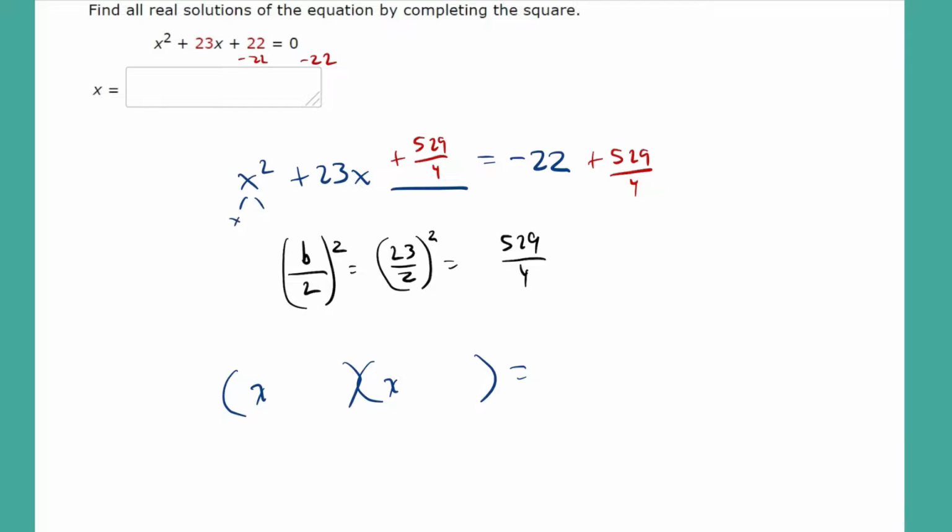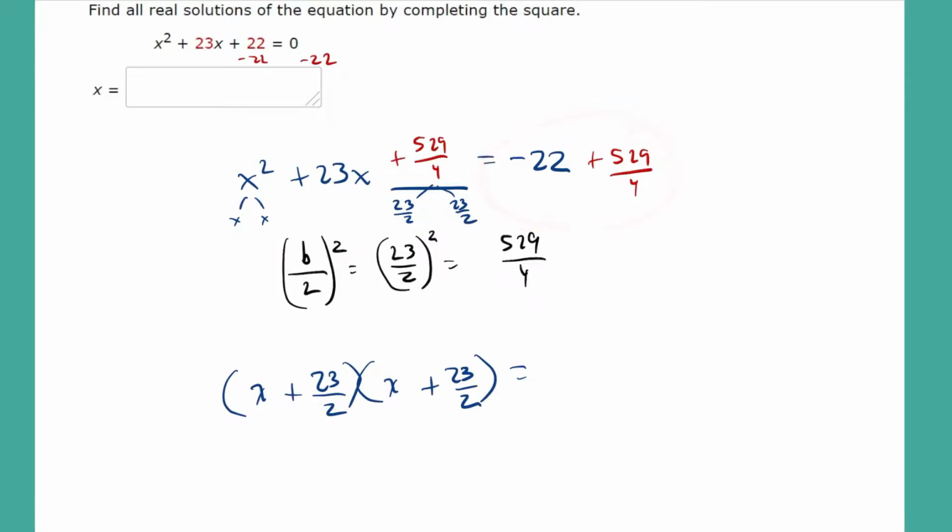So this would break up into x times x. This would break up into 23 over 2 times 23 over 2. If you multiply these two fractions, you get that. And so that's going to give us these other two numbers that we need. And because this is a plus, that means both of these are going to be pluses as well.